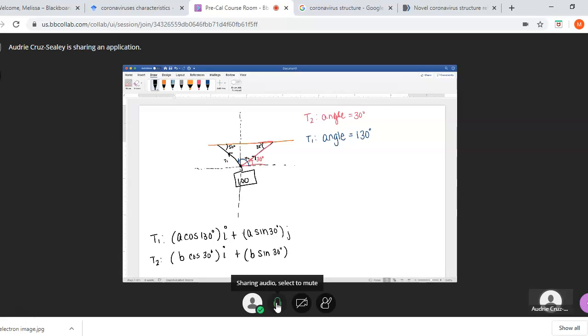Well, yeah, we don't know the magnitudes. The absolute value of T1. I'm basing this off of page 101.